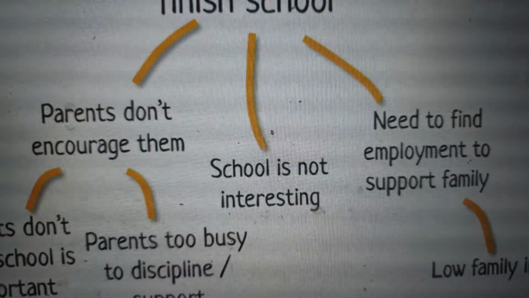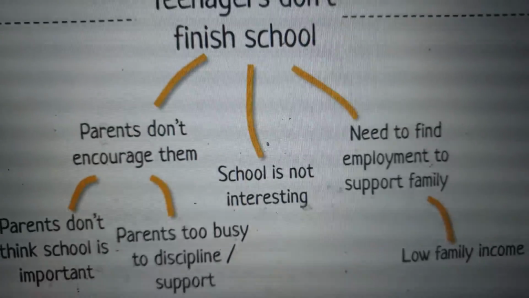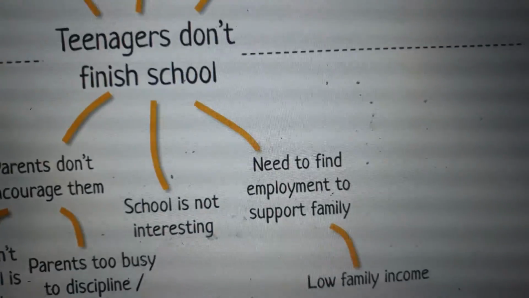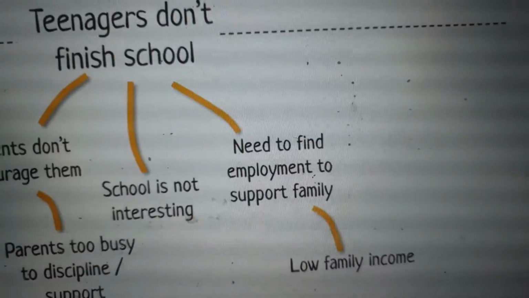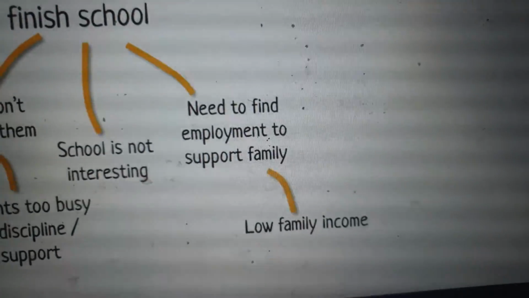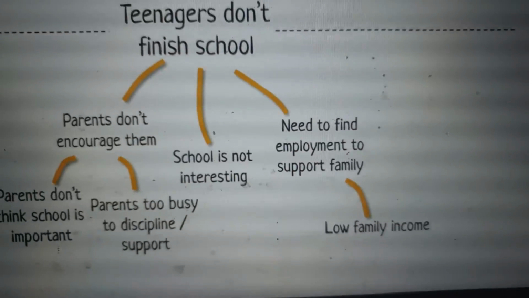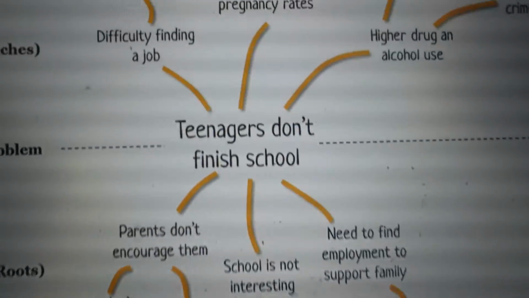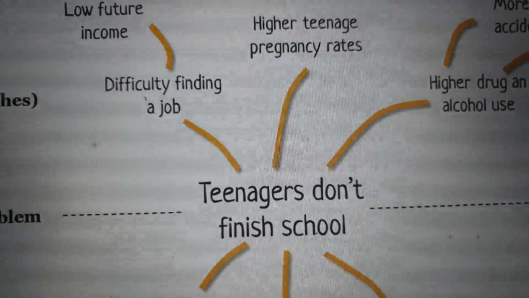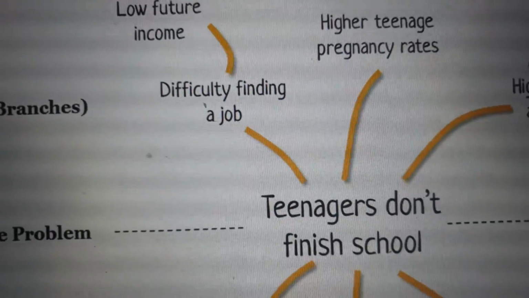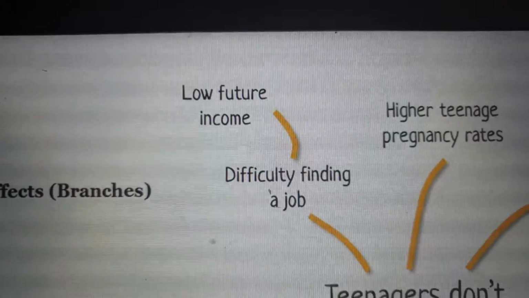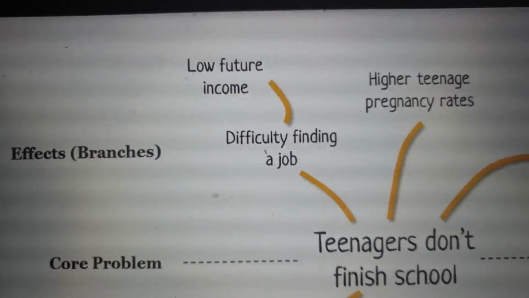Teenagers may also not finish school because school is not interesting. Teenagers may also not finish school because there's need to find employment to support family. Low family income. The causes. And then the effects. If teenagers don't finish school, then difficult finding a job. Low future income.